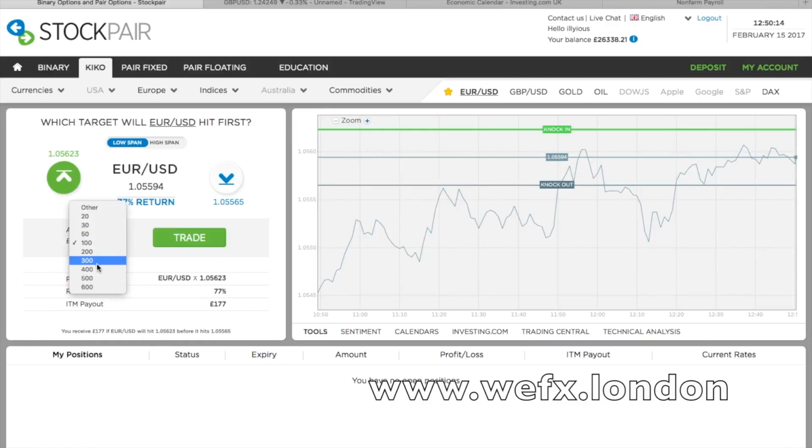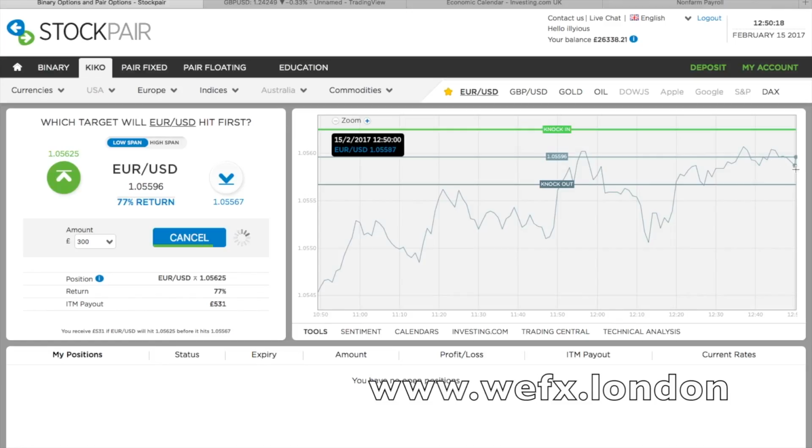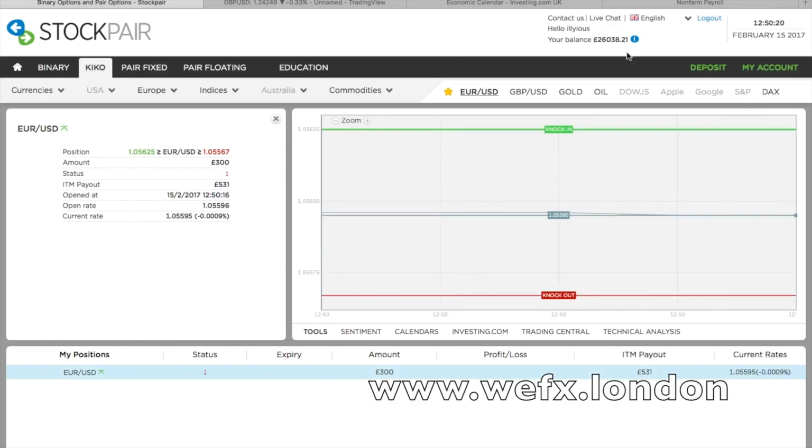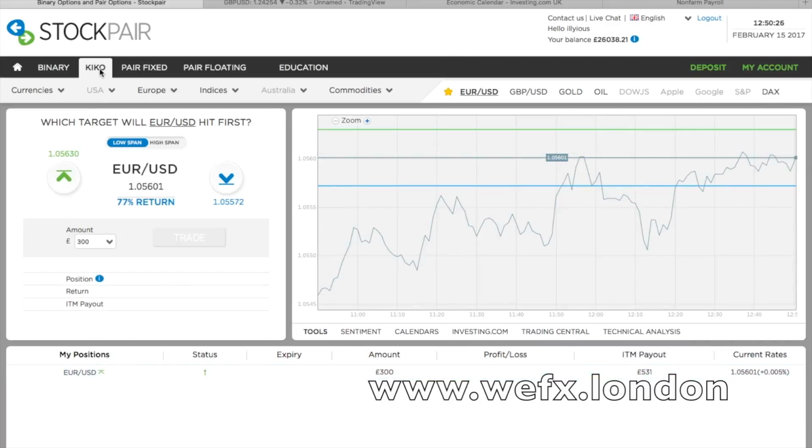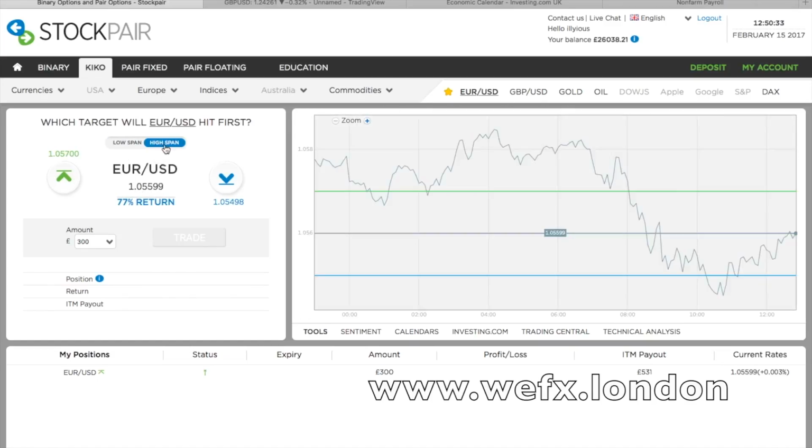We're going to get a cheeky trade on anyway, just because I can see the trend going up and it's just hit some support here. I think it's going to go up. And anyway, going back to Kiko. When we're looking here, you have the option of a low span, as you can see here, and we have the option of a high span. You can see there's a great difference between the size of this.